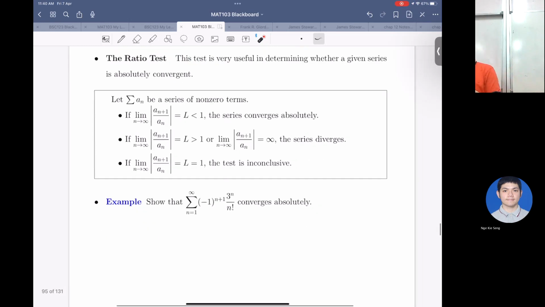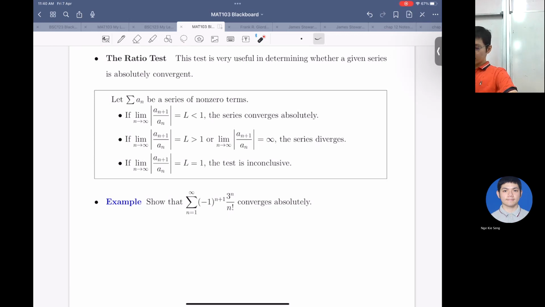So let's try on this question here. This is an alternating series with power 3 on the numerator and n factorial in the denominator. What does it mean by converges absolutely? The infinite series defined by the modulus of the Bn converges.